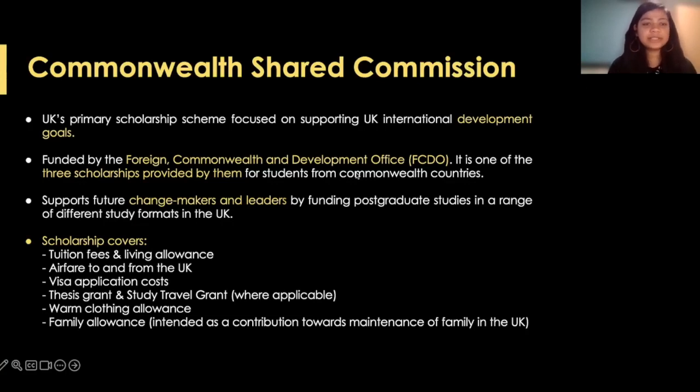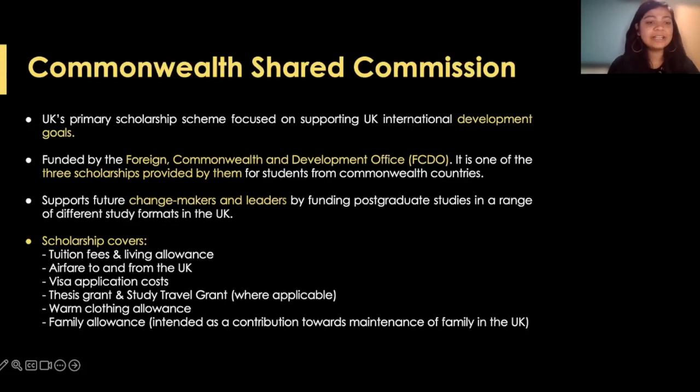To begin with, the Commonwealth Shared Scholarship is one of the UK's primary scholarship schemes, which is essentially focused on furthering the UK's international developmental goals. It supports change makers and leaders like all of you by funding your postgraduate studies in a range of different formats in the UK. This scholarship is specifically for your master's program, so it does not cover courses like PhD.